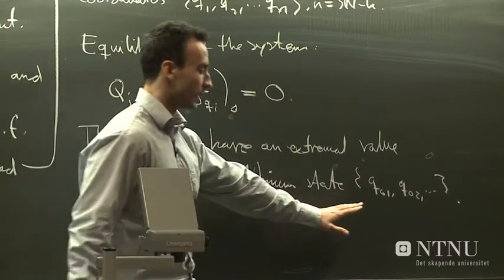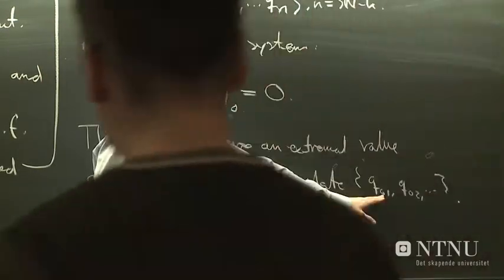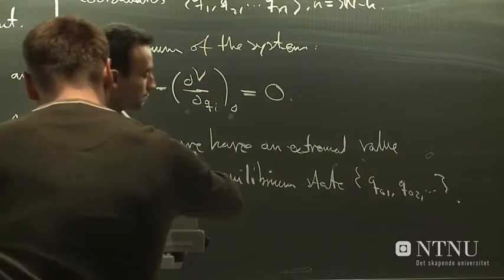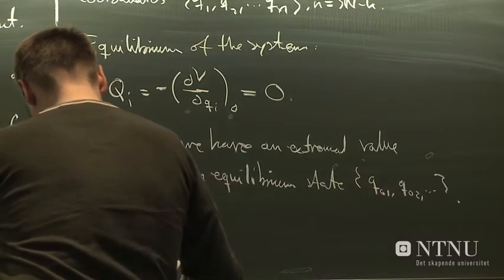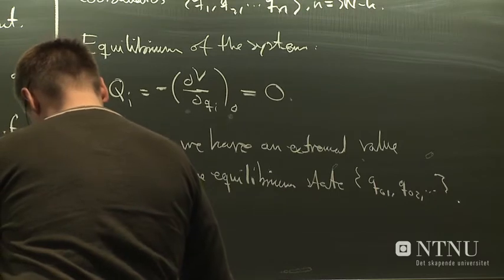So the equilibrium state is provided by q01, q02, etc. So these are positions or values of the generalized coordinates which give the equilibrium state.